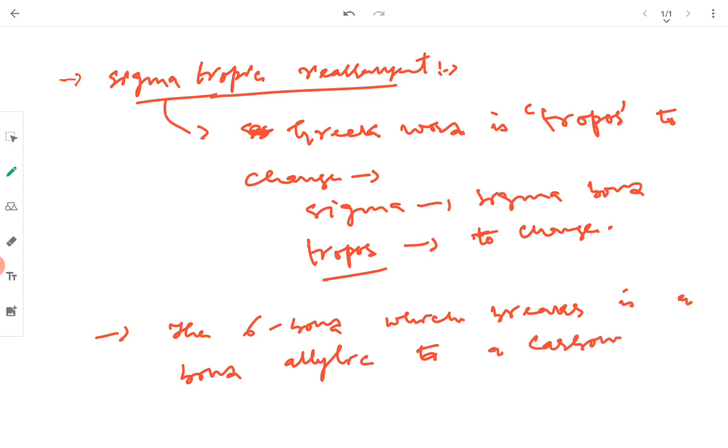It's always allylic to a carbon. Allylic means this kind of bond. You have a double bond here, so this bond here will always break because this is allylic to this double bond. This is known as allylic position.